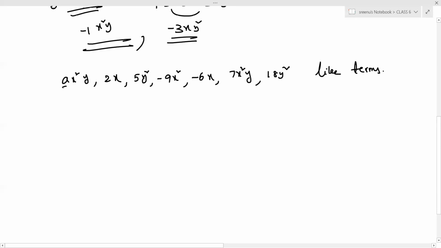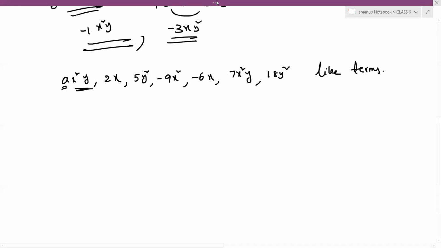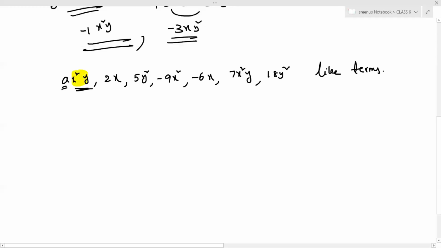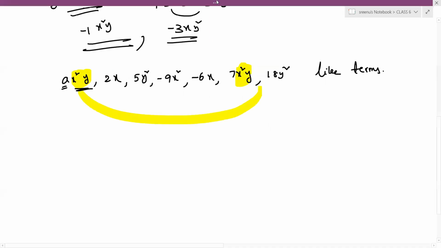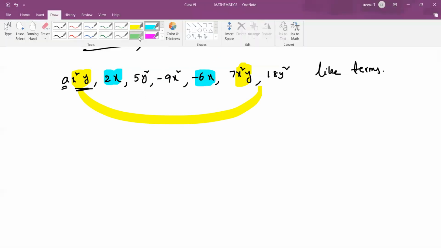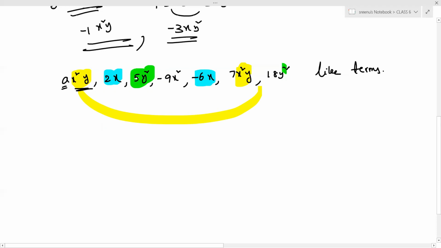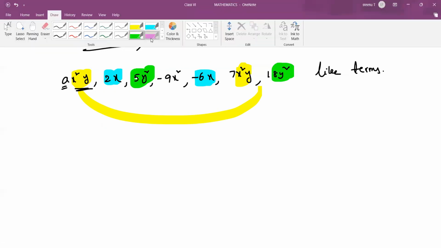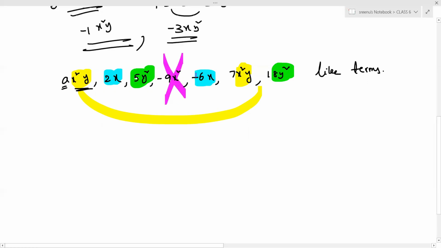So let's check out. a will be a constant. We'll consider x square y. I'll mark x square y. Let us find where is x square y. Here is x square y. It is x square y. So these two are like terms, right? And next, x: here x is there and here x is there. So these two are like terms. Constants may differ. And the next y square: 5y square, 18y square. And this one, we don't have any like term for 9x square.